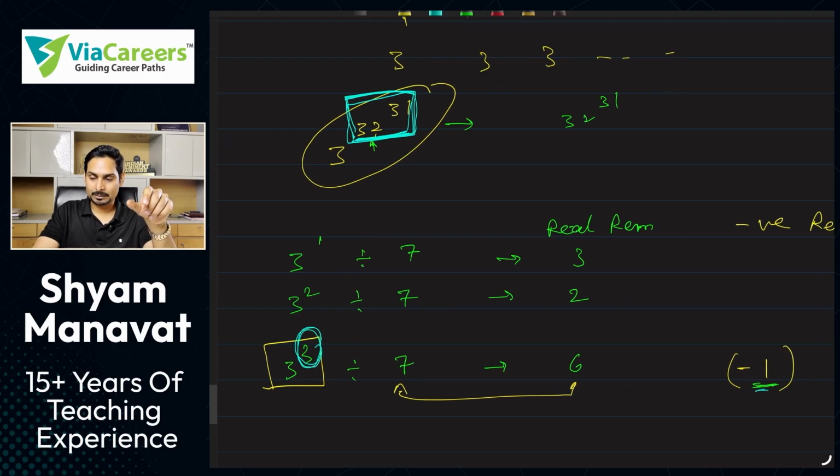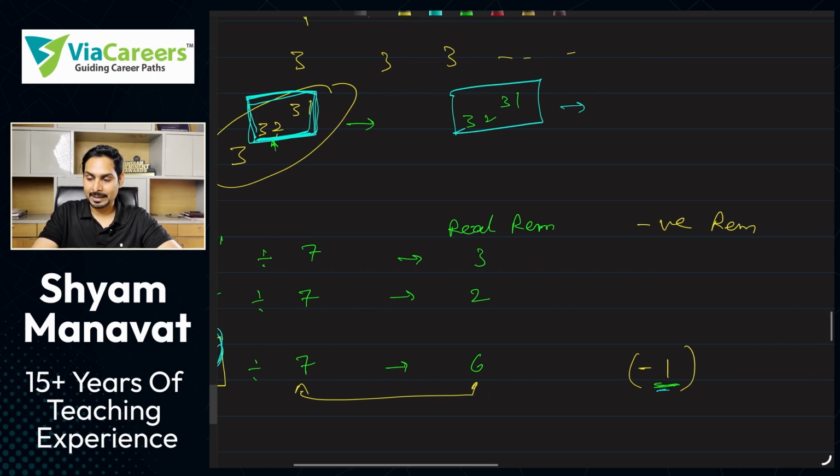So for the power, 32 to the power 31, I should write it in terms of 3, like 3n plus k. Then we'll see how we can simplify, but we should be very clear about whether this n is even or odd.